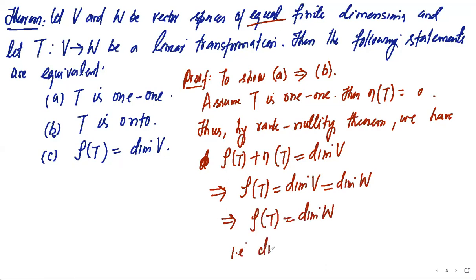Rank of T is actually the dimension of the range space of T. And this is equal to dimension of W. So what did we get from this equation?